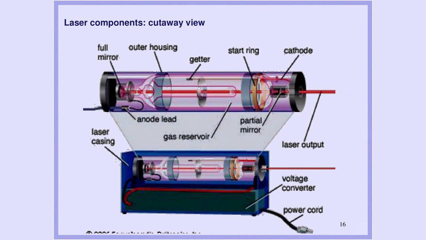One continuous laser producing light at 632.8 nanometers contains a mixture of helium, 80% of the mixture, and neon, 20% of the mixture.